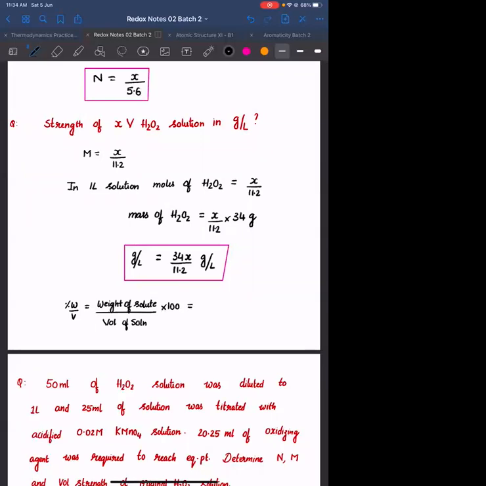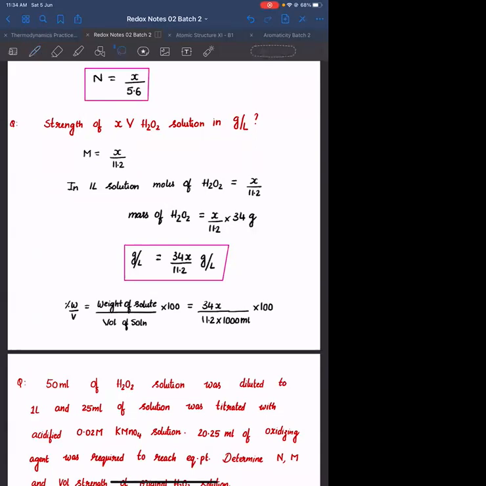What is the weight of solute? 34x upon 11.2. What is the volume of the solution? 1 liter. You need to substitute that in ml, into 100. कितना हो गया?